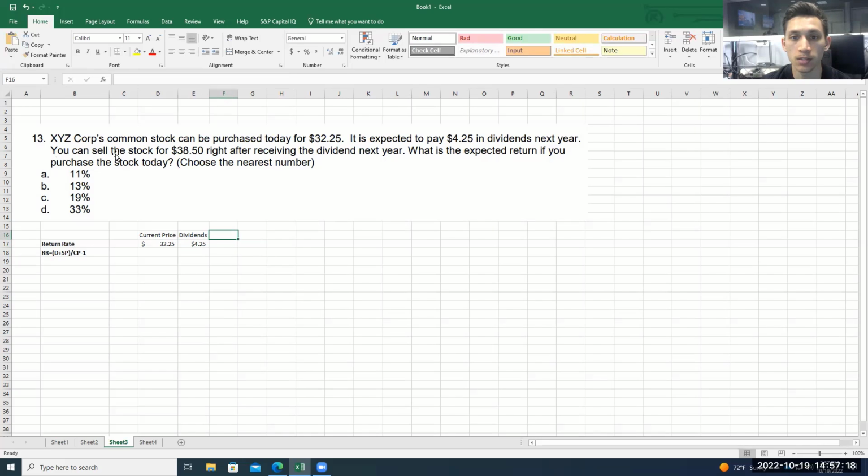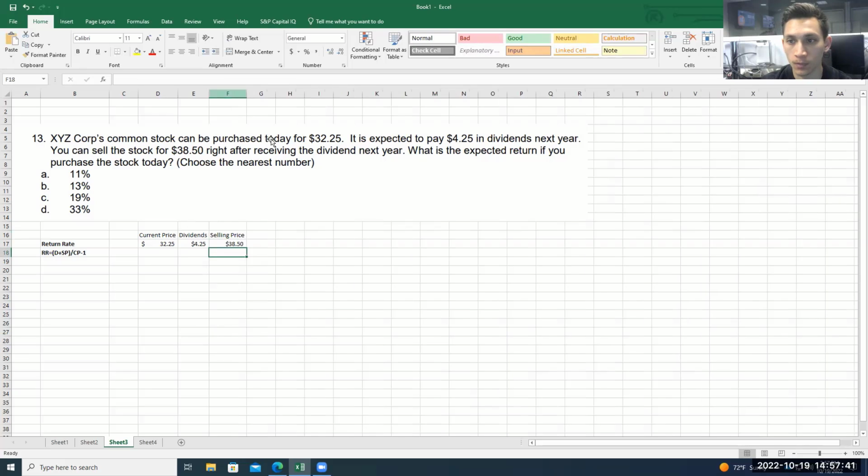And we can sell the stock for $38.50 right after receiving the dividend next year. It's going to be the selling price for the stock. That's how much we can sell it for. Selling price, $38.50. This is everything we were given in our problem.